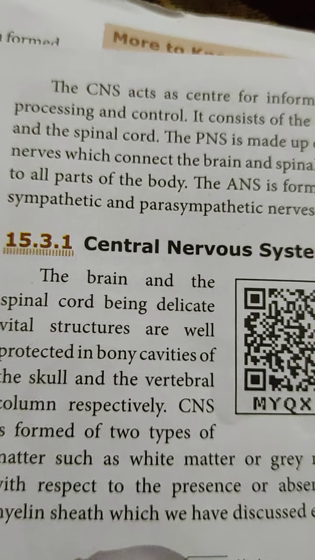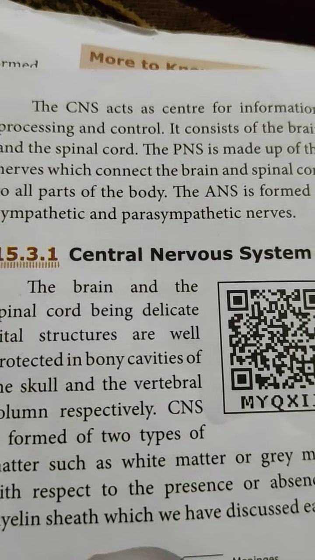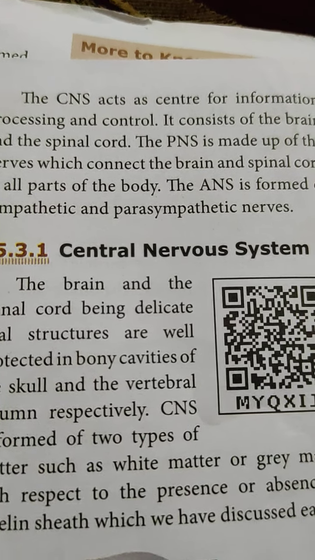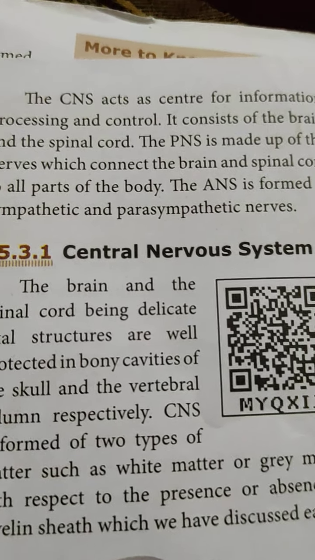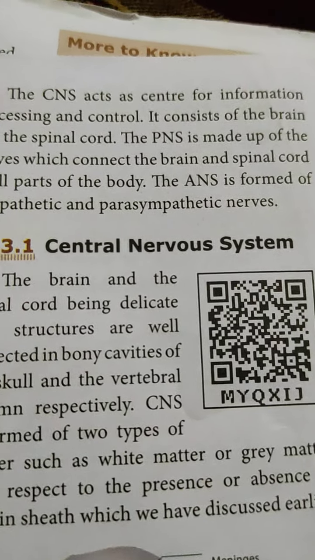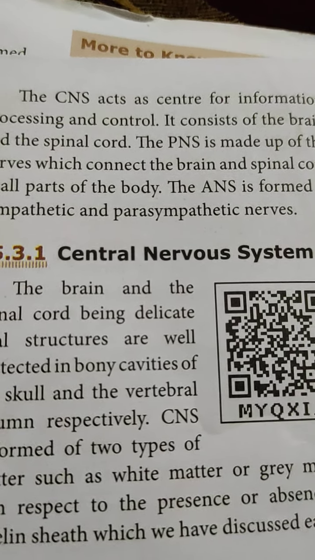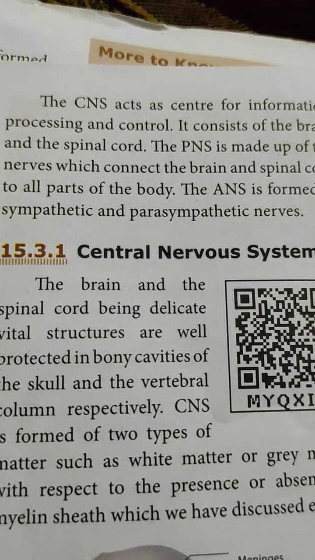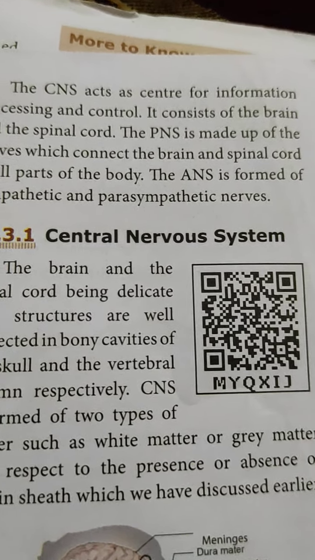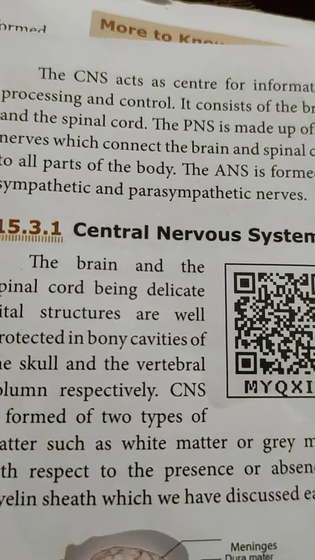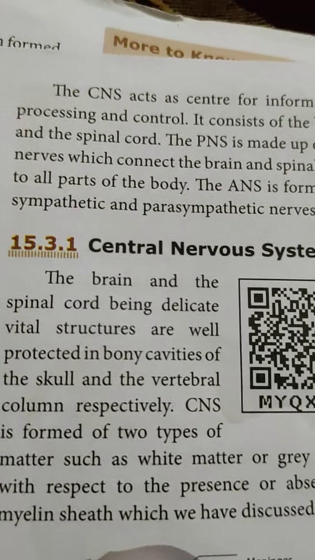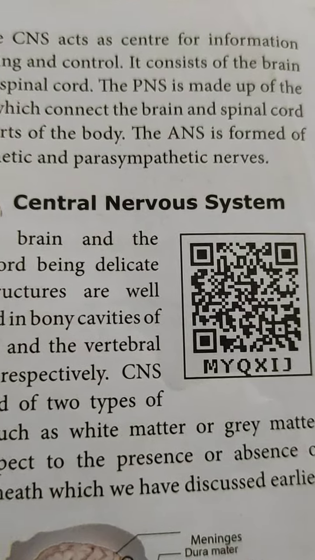The PNS is made up of the nerves which connect the brain and spinal cord to all parts of our body. And the ANS is formed of sympathetic and parasympathetic nerves.